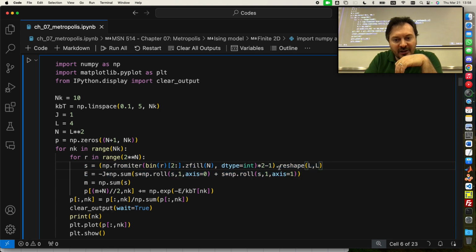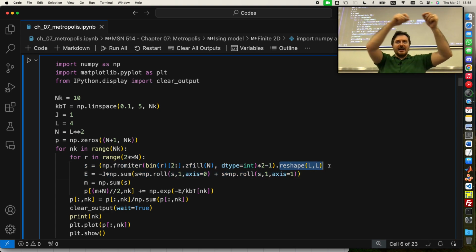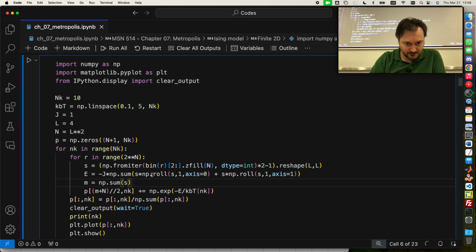Do you see the reshape L by L? Before I had 16 spins in a chain, now I reshape it into 4 by 4. That's one change. The other change is this one. S times np.roll S with 1 in axis 0, S times np.roll S with 1 in axis 1. What does it mean?